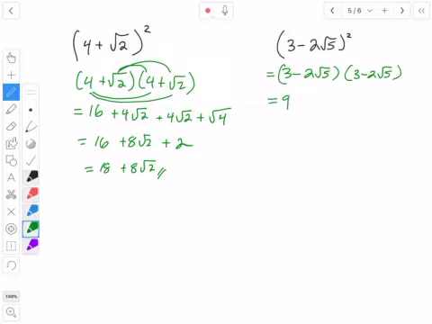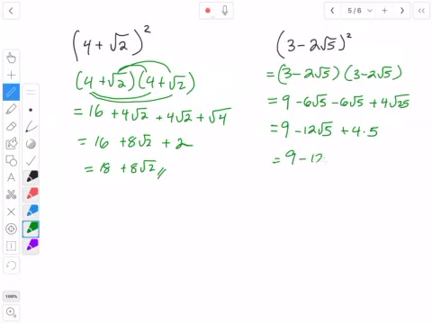So it's 9 minus 6 square root of 5 minus 6 square root of 5 plus 4 square root of 25. Okay, so this is 9 minus 12 square root of 5 plus 4 times 5. So 9 minus 12 square root of 5 plus 20. So this is 29 minus 12 square root of 5.